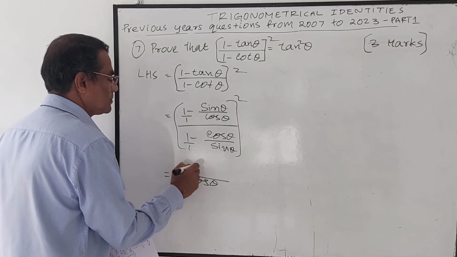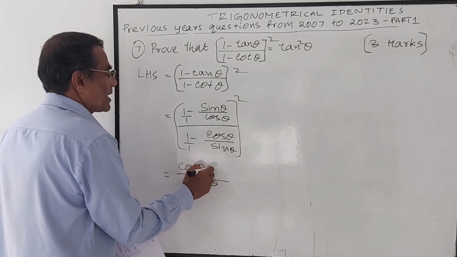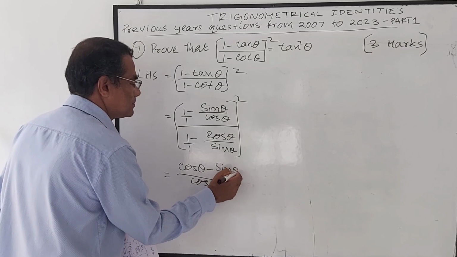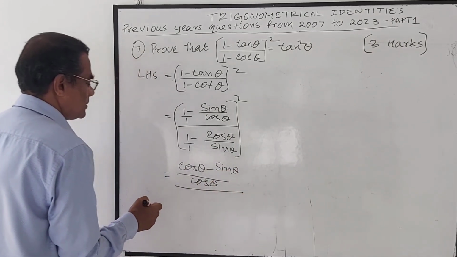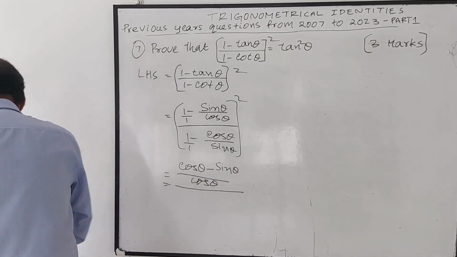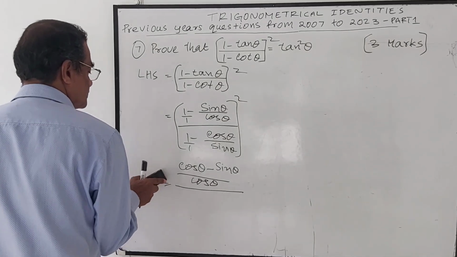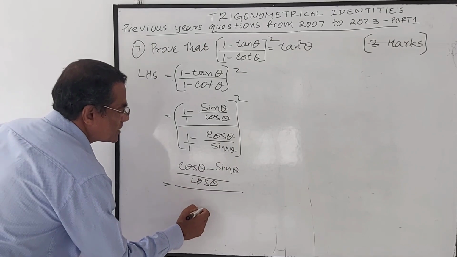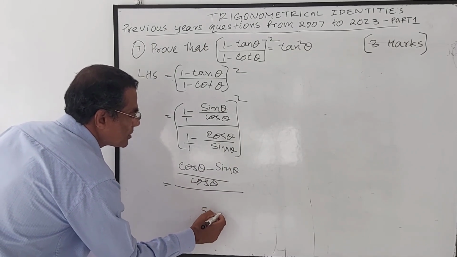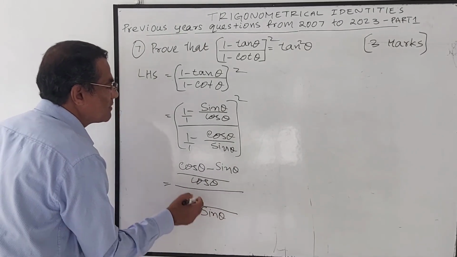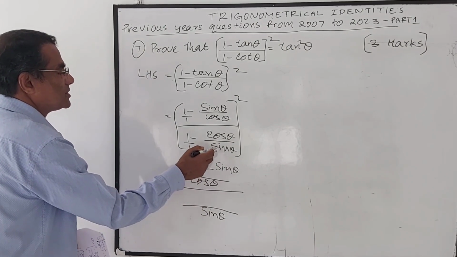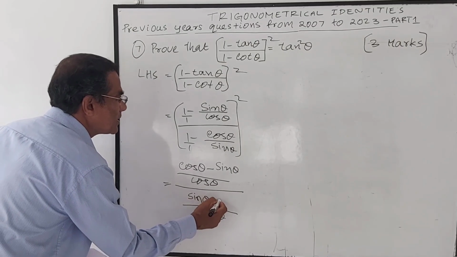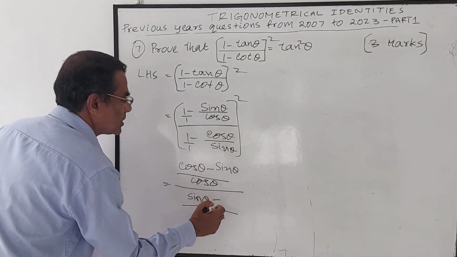It is cos theta minus 1 into sin theta is sin theta, whole divided by 1 into sin theta is the denominator, common denominator. Then the numerator I will get as sin theta into 1 minus 1 into cos theta.